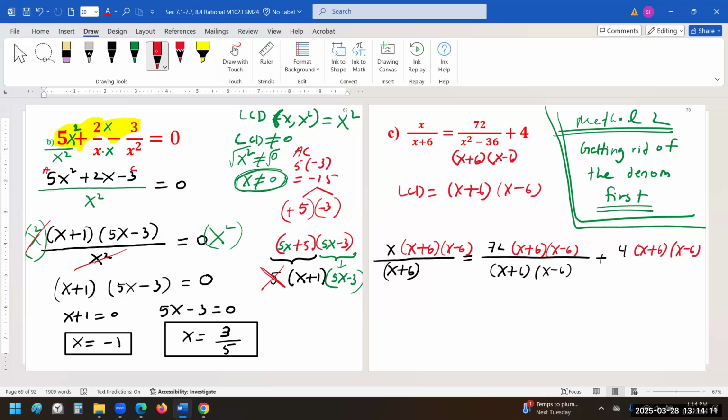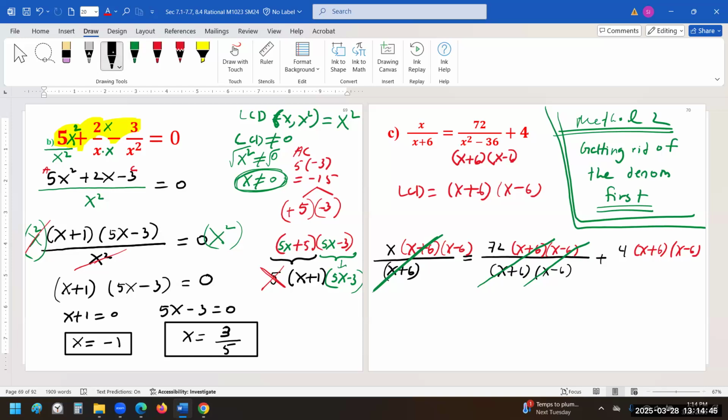Instead, I'm getting rid of the denominator. So the x plus 6 from the first denominator vanishes. The x plus 6, x minus 6 from the second denominator vanishes. Do you see any more denominator anywhere? No. This is what it means, getting rid of the denominator first. We multiply all the numerators by the LCD so that there is no more denominator.